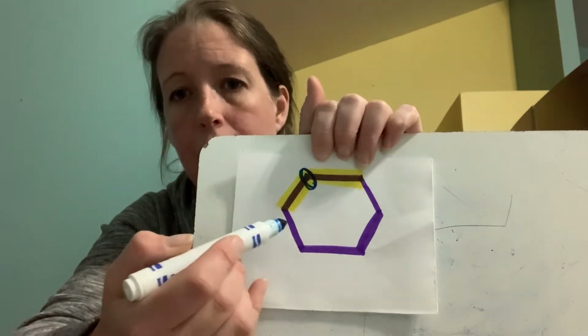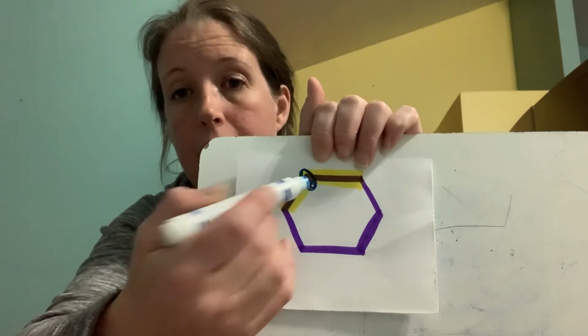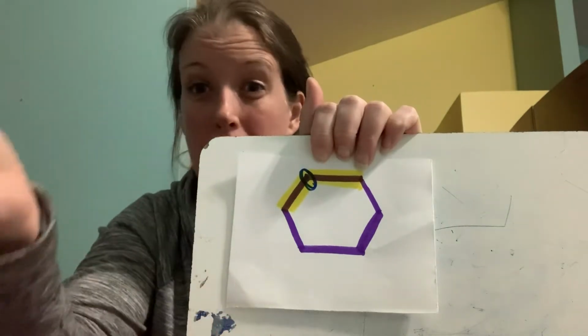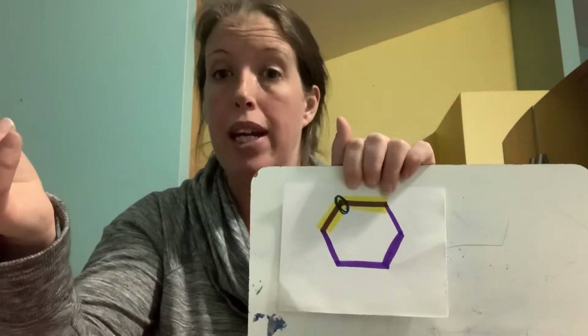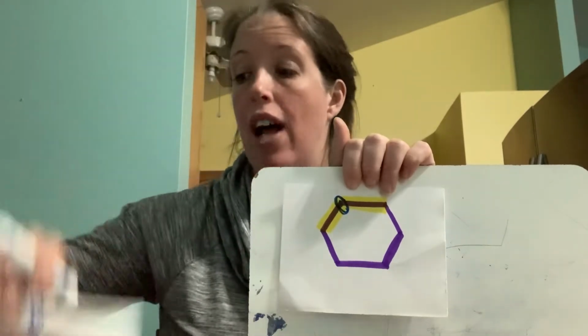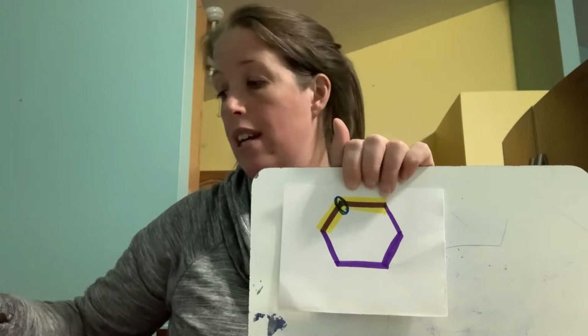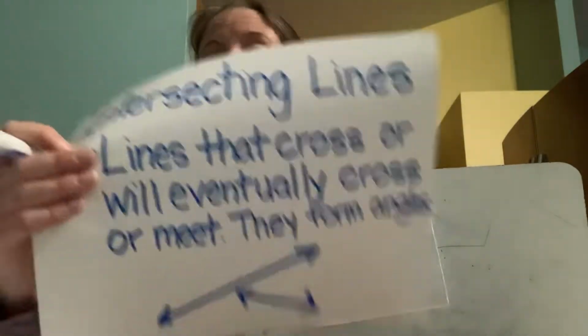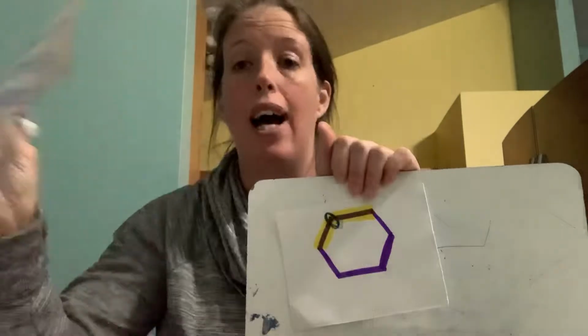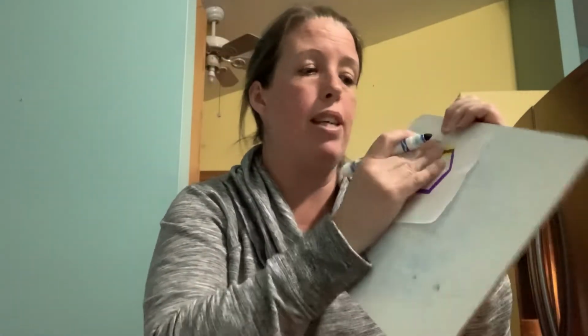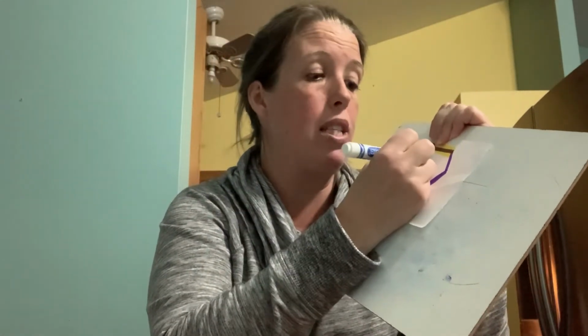This line or line segment crosses this line. So since they're already crossing or meeting, I know that that set of lines or pair of lines can be called intersecting lines. So I know that right away. These are definitely intersecting because they're touching.